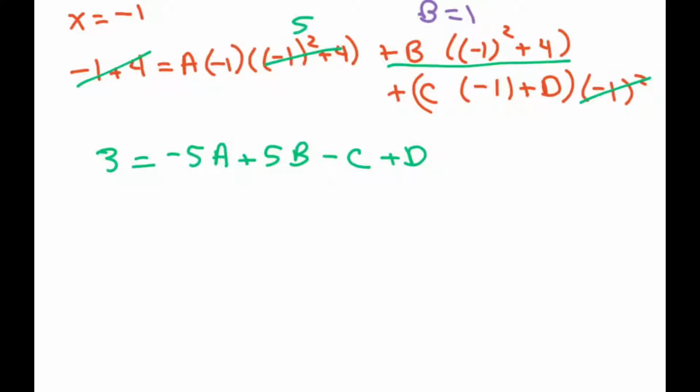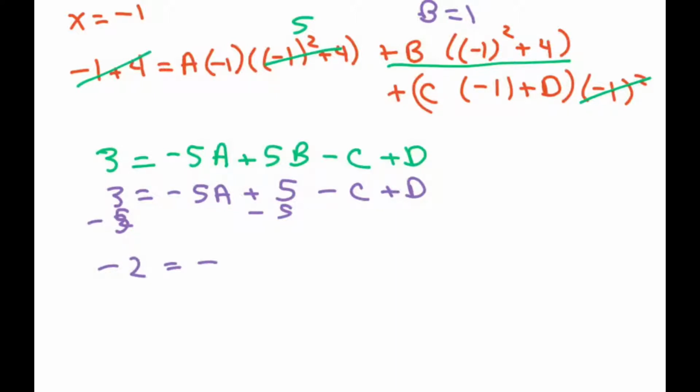So when I plug in 1, I get 3 equals negative 5A plus 5 times 1 is just 5, minus C plus D. When I subtract 5 from both sides, I get negative 2 equals negative 5A minus C plus D.